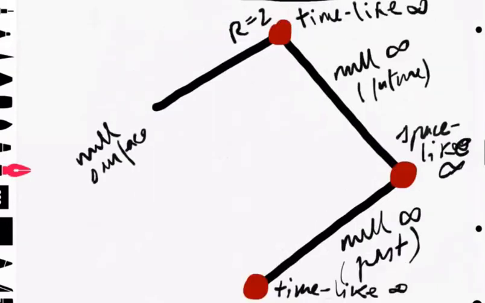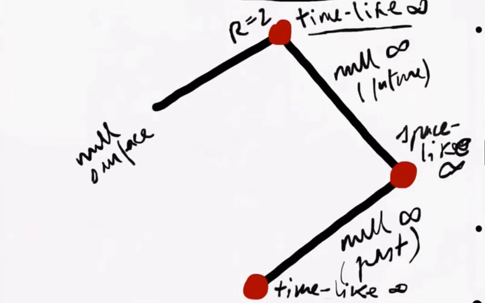Okay, so I have redrawn everything. We have on the top this time-like infinity point. On the bottom, you have another time-like infinity point. Here, you have a space-like infinity point on the right.